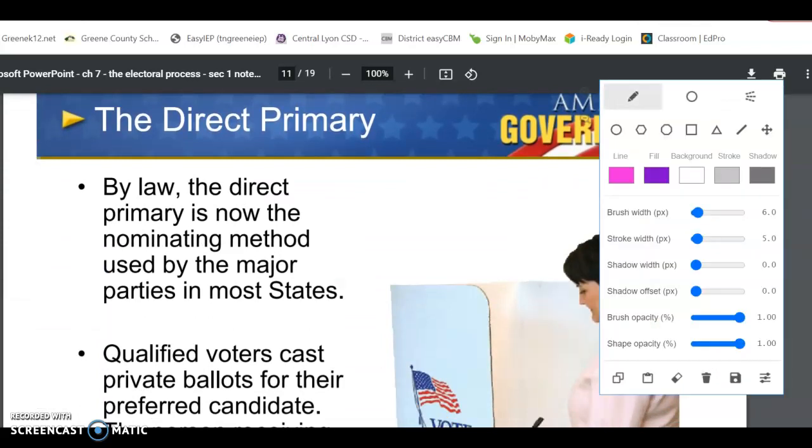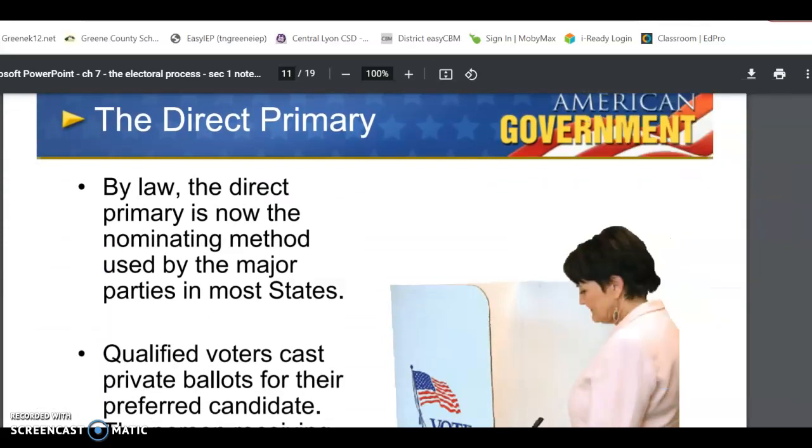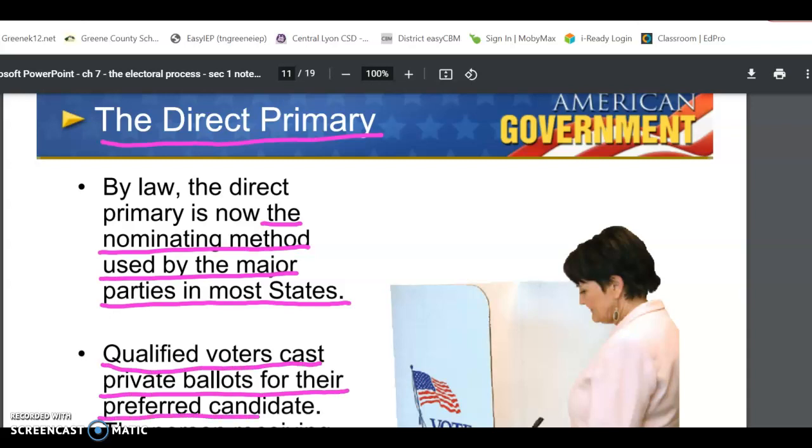The next way a candidate can run for public office is something called the direct primary. It is now the nominating method used by the major parties in most states. In a primary, qualified voters cast private ballots for their preferred candidate.